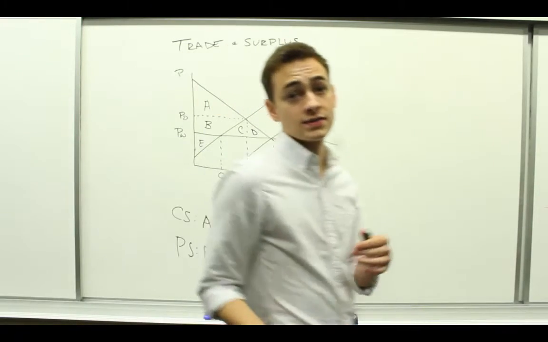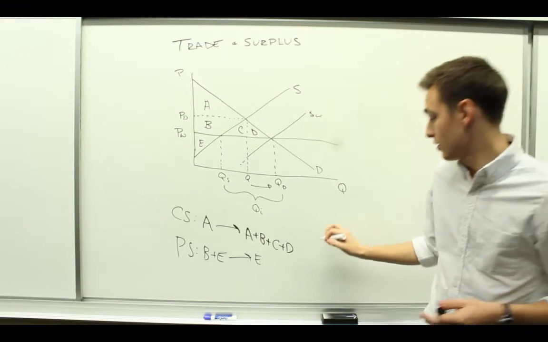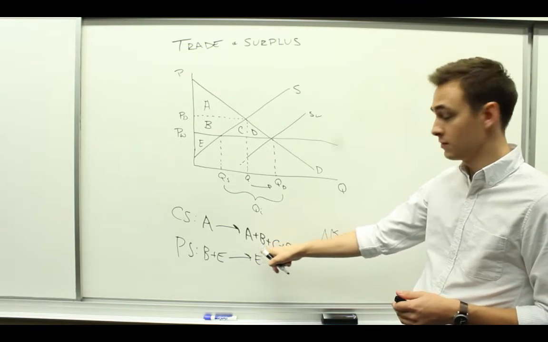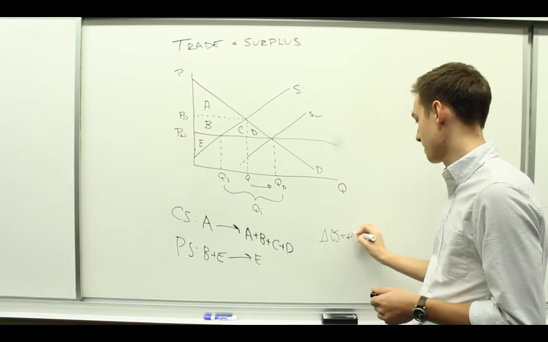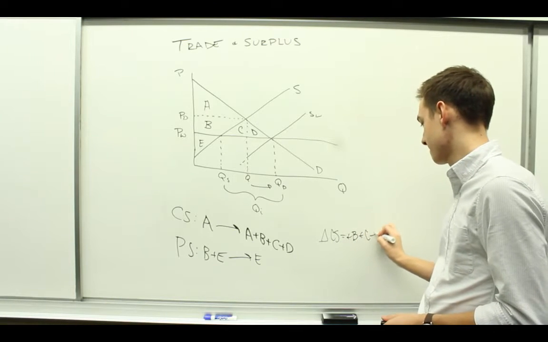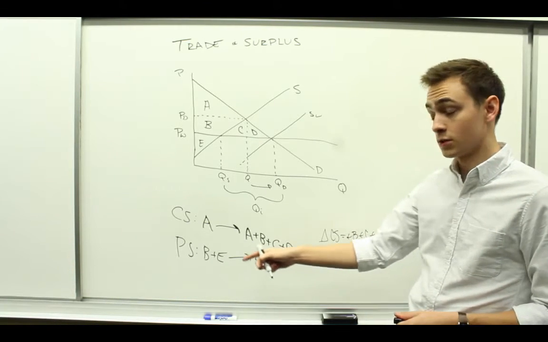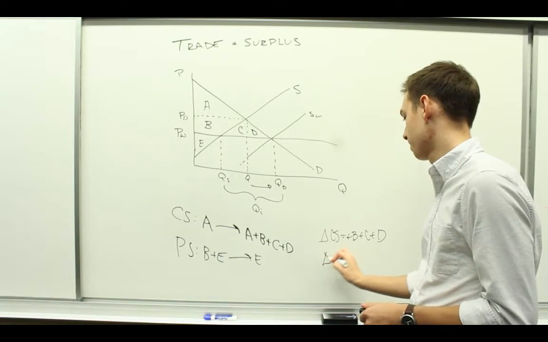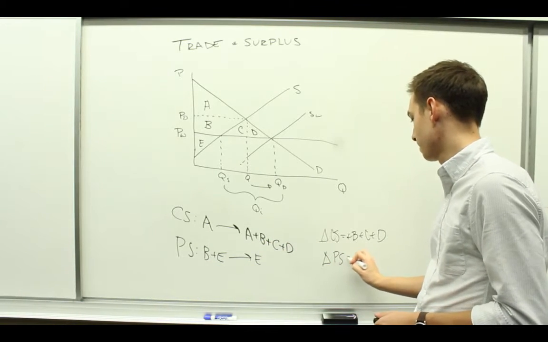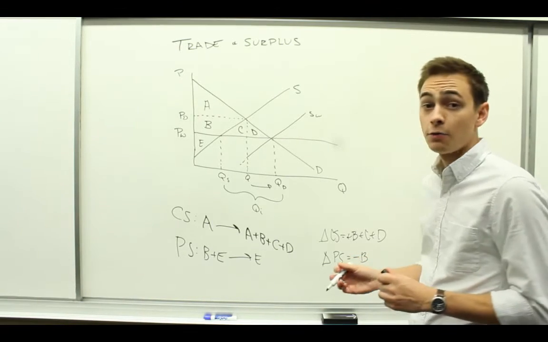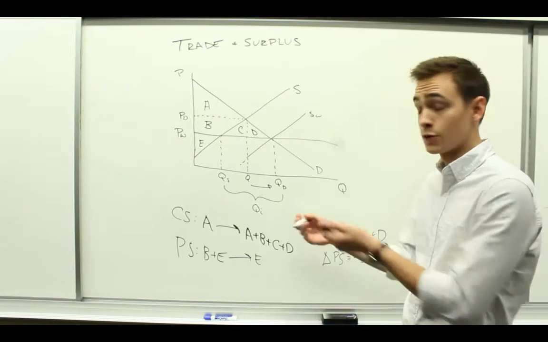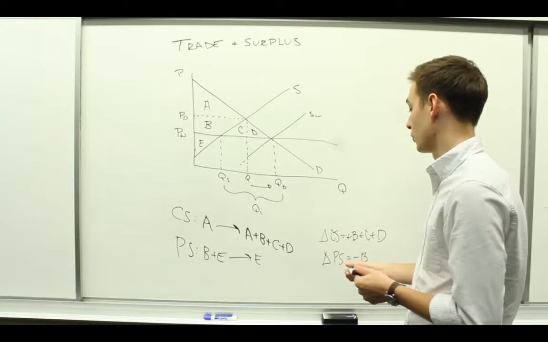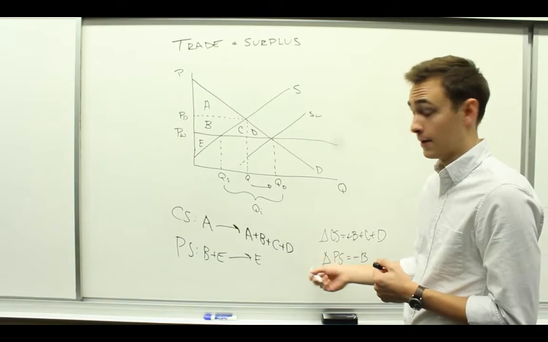So to analyze exactly what happens here, the change in consumer surplus is plus B plus C plus D. And then the change in producer surplus is minus B. So how we find out the net welfare for this country as a whole as a result of opening the economy, we add these two together and see what happens.